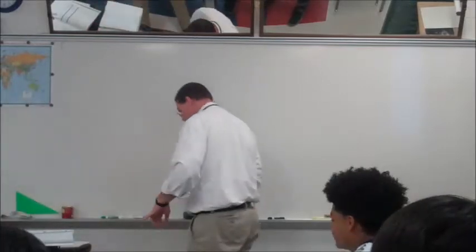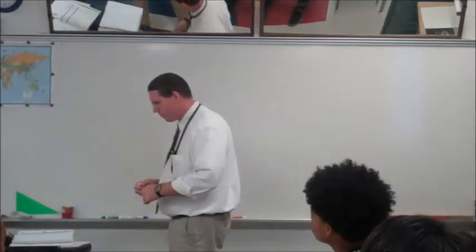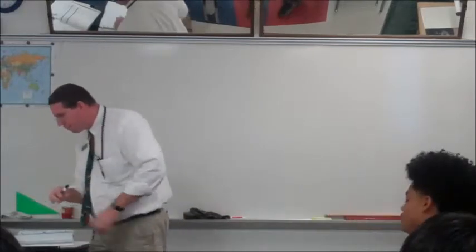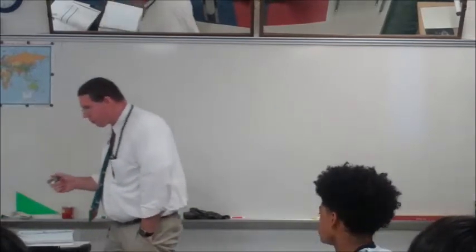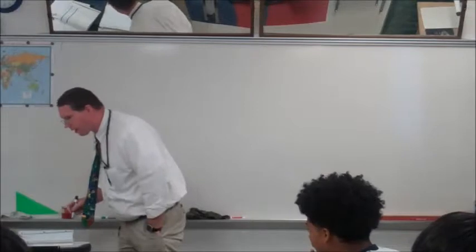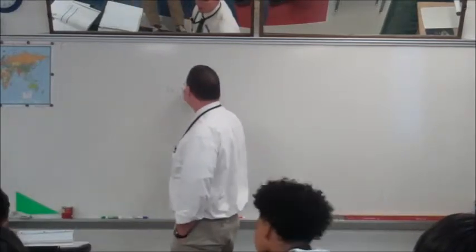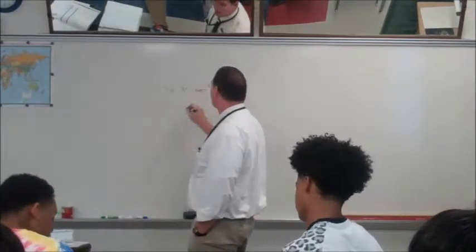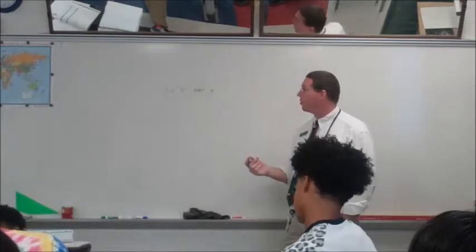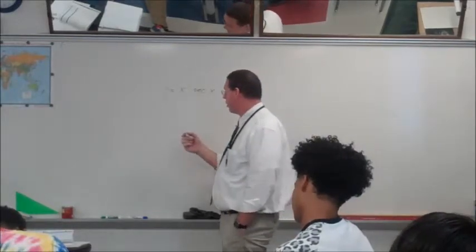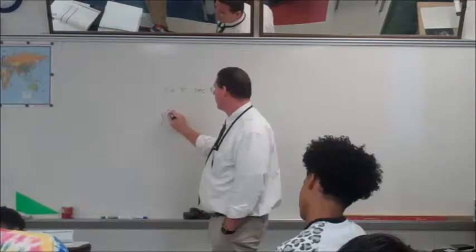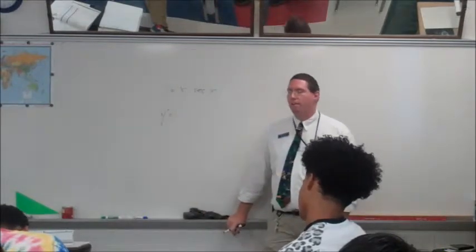Question number 4 says, what's the derivative of x secant of x? Y equals x secant x. Okay, and what's the derivative? Well, what's going on here? What kind of function is this?